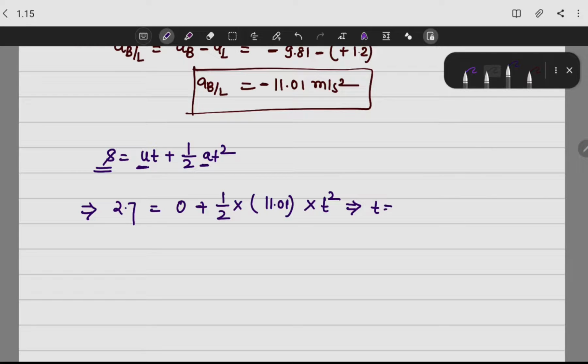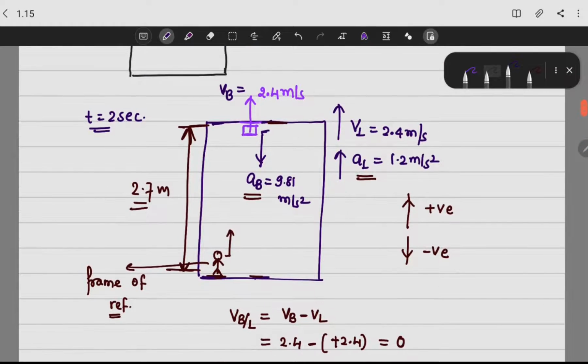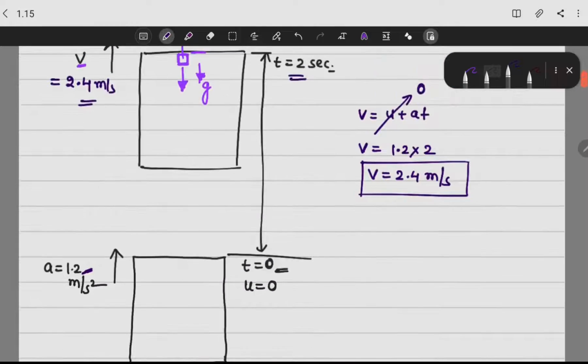So from here we can write t is equal to the square root of 2.7 into 2 divided by 11.01, and if we calculate this, we get 0.7 seconds. So this is the time taken by the bolt to free fall from ceiling to the floor.